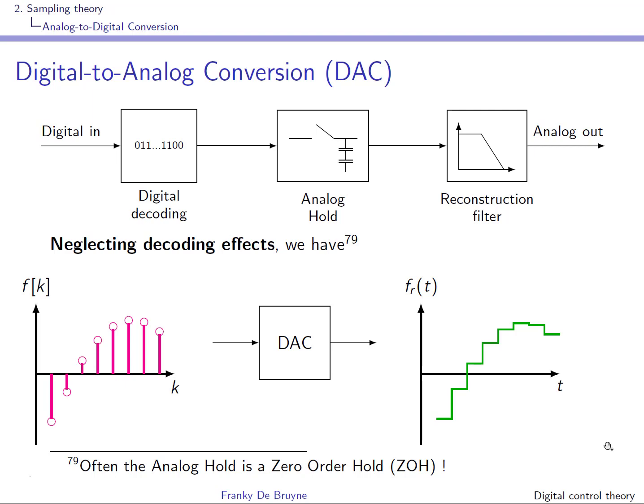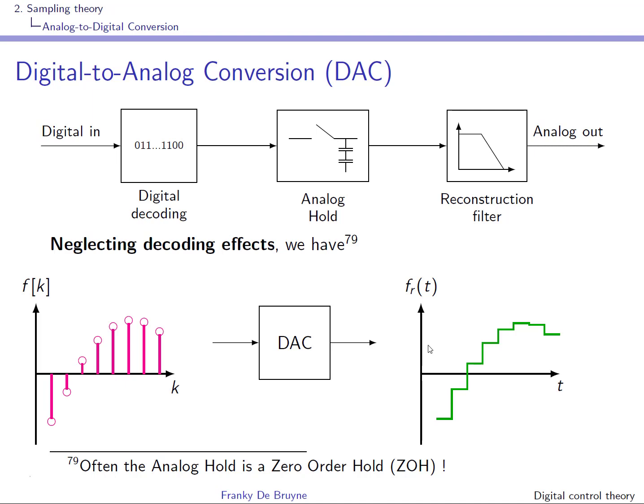In our course it's the zero order hold process, although you know that it's also possible to find other analog hold systems such as the first order hold, and what comes out is an analog signal in the form of a staircase.